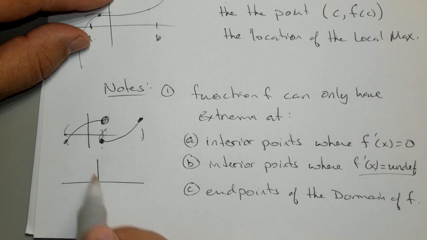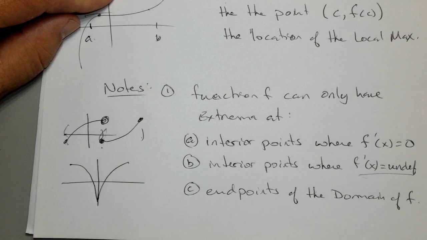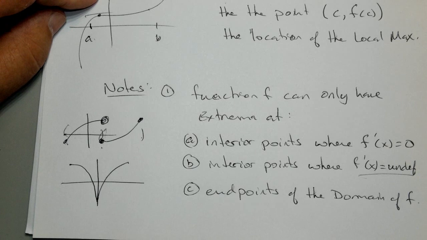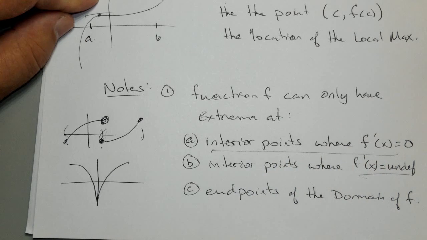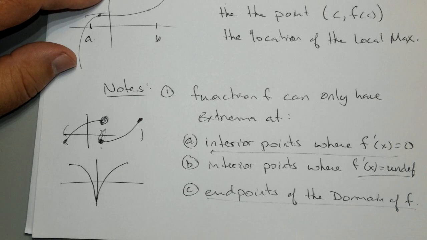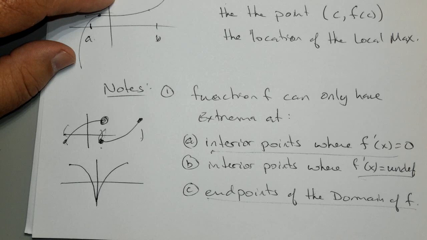Another way it could be undefined: remember, if your graph has a point, the limit doesn't exist at that point. Obviously, the interior points for f prime equals 0 have to be continuous because the limit has to exist in both directions. The endpoints, because those are the beginning and the end of that function, have to be included because it's a closed interval.